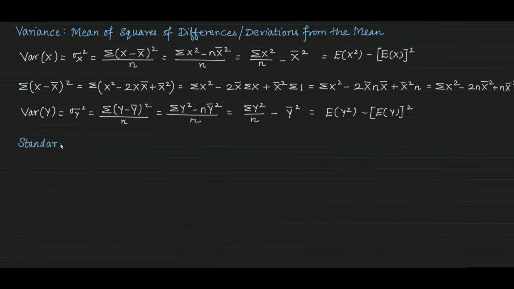Standard deviation is the square root of variance. Now, why do we need to calculate the square root of variance? Suppose there's a data set of height of 100 children measured in centimeter. Mean of the heights is reported in the same unit, that is in centimeter.